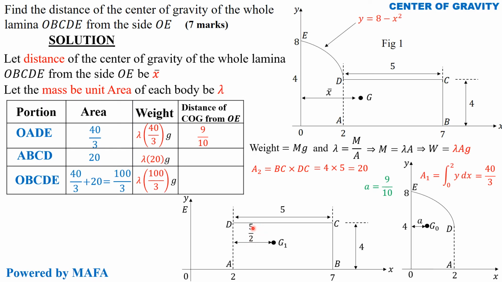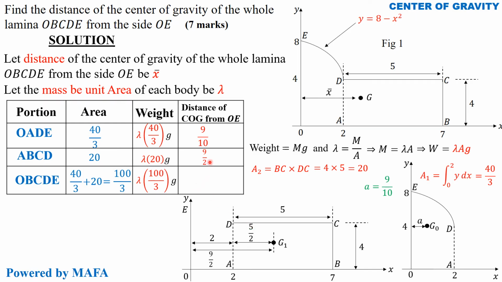But remember, we are finding the distance of the center of gravity of this rectangle from the side OE. So we have this distance as 5 on 2, but what is this remaining distance? It is 2, because it is the distance from O right up to A, which costs 2 units. So in essence, the distance from the center of gravity of the rectangle right up to the side OE is simply 2 plus 5 on 2, for sure 9 on 2.